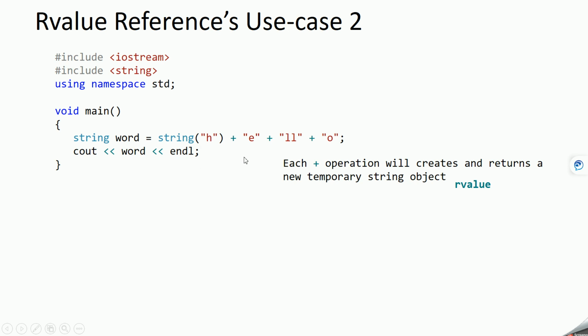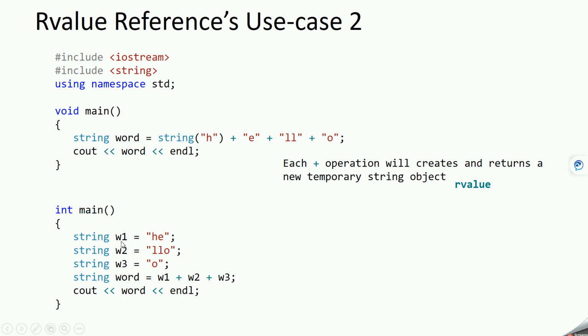You might say, instead of performing the operation on R values, you can directly create multiple L values and perform those operations, something like this. You can create multiple L values and then perform this addition operation. In this case, instead of creating a temporary location for each plus operation, you can modify one of these storages and keep on adding.